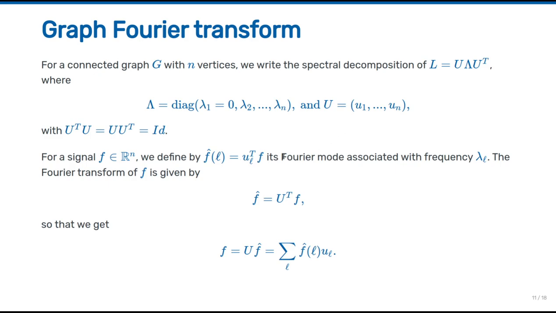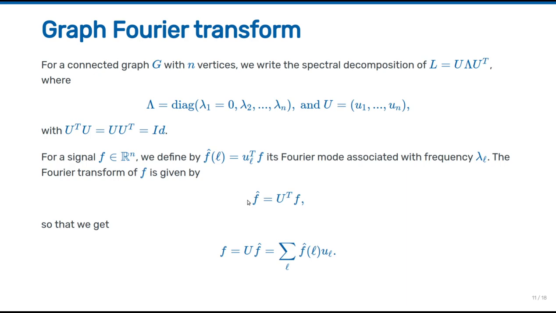This is what we call the Fourier mode associated with the frequency lambda l. So you see that there is a big difference with standard Fourier analysis. Now the spectrum of my Laplacian is discrete, so there is a finite number of eigenvalues, which is not the case in standard Fourier analysis, where you have a continuous set of eigenvalues for the Laplacian.